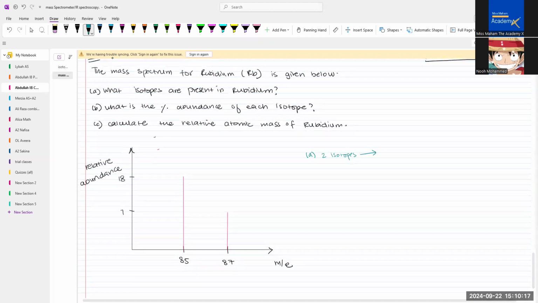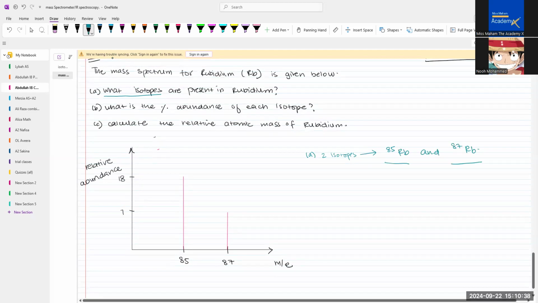What are the isotopic masses? 85 and 87. Perfect. So we have rubidium 85 and rubidium 87, because they're asking us what isotopes. They're not asking us how many isotopes. Okay, so give the complete answer. The right answer is 85 rubidium and 87 rubidium.